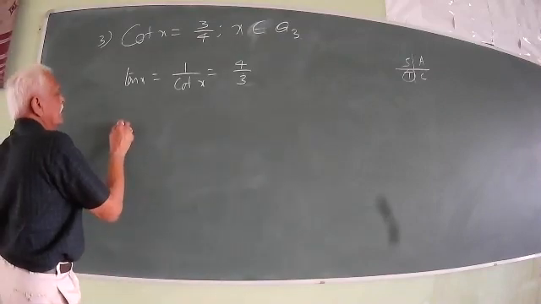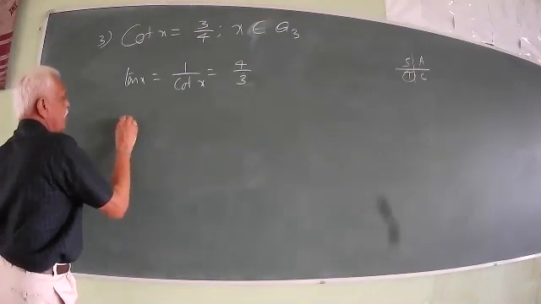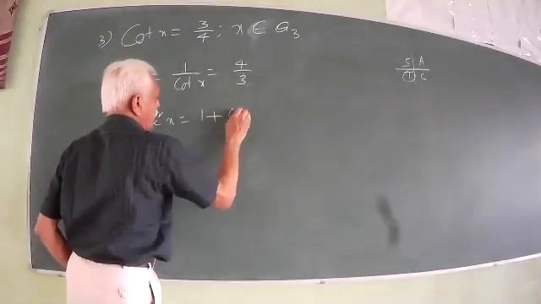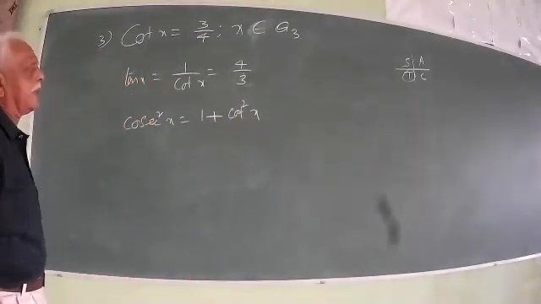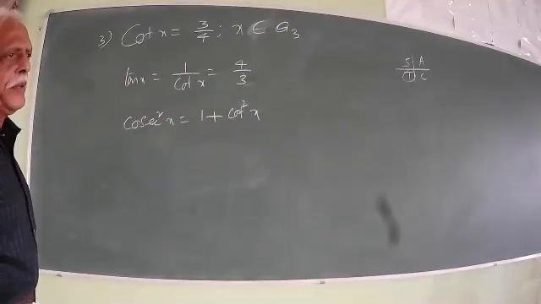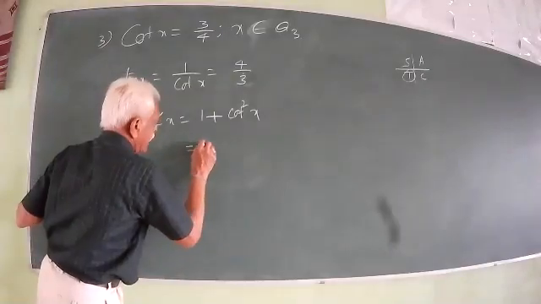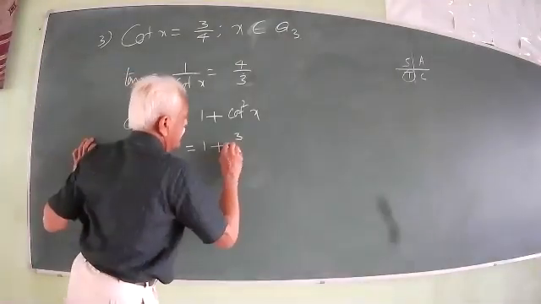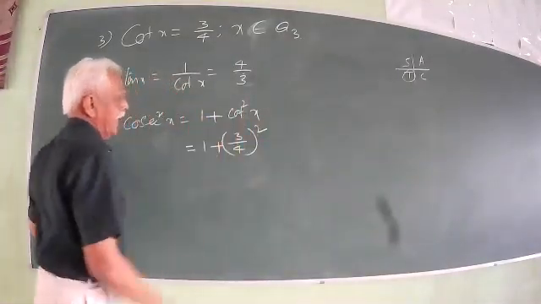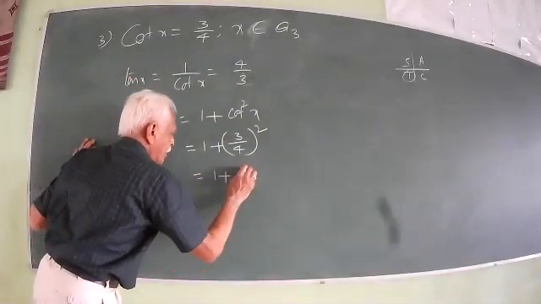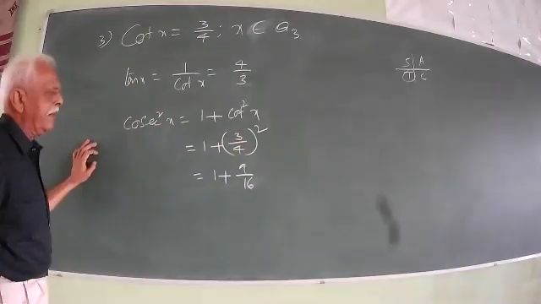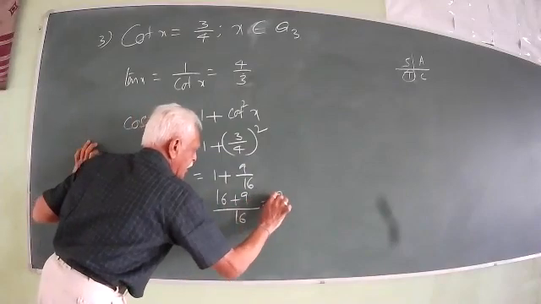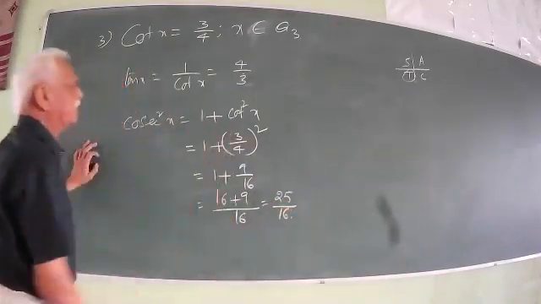Next, we have the relation cosecant square x is equal to 1 plus cot square x. That is the third identity which we have. So this is nothing but 1 plus cot x, given as 3 by 4, whole square, which is 1 plus 9 by 16. 16 is the LCM, so 16 plus 9, 25 by 16.